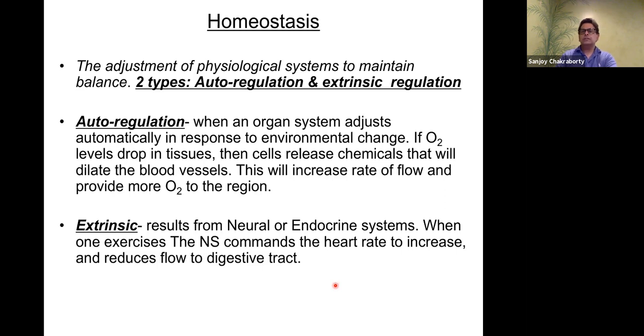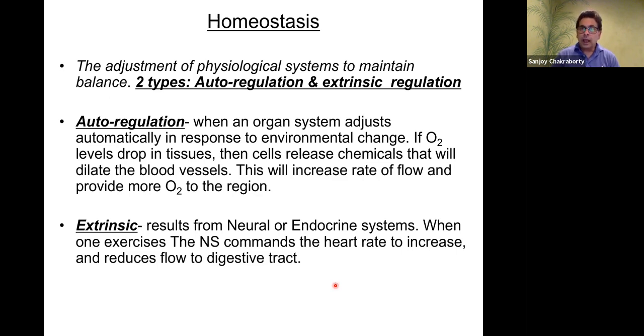Now, let's say there is a change in the homeostasis. In other words, let's say some kind of change appears in my, hypothetically speaking, blood pressure. What will happen? How will the body react? The body will try to fix it.